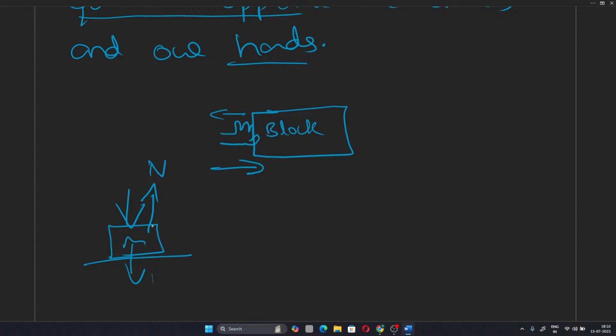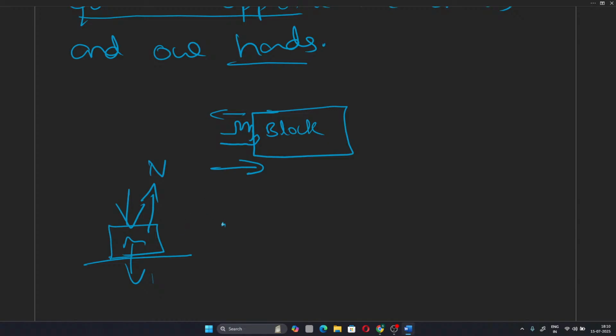When the block is applying a force due to gravity on the surface, or a table surface, the surface is also applying an equal and opposite force of the gravitational force upward. That is called the normal force.